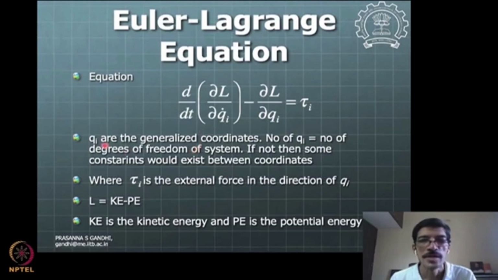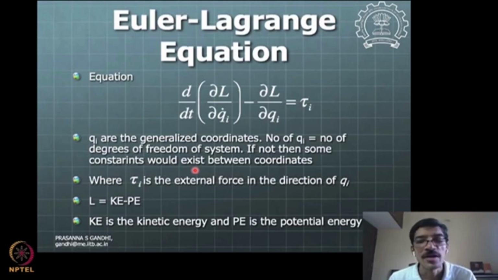And q, as I said, are generalized coordinates. Generalized coordinates will be equal to the number of degrees of freedom of the system, and if they are not, then there will be some constraints that exist between the coordinates. For example, if we talk of a pendulum system, my favorite system, theta is a generalized coordinate we can take.